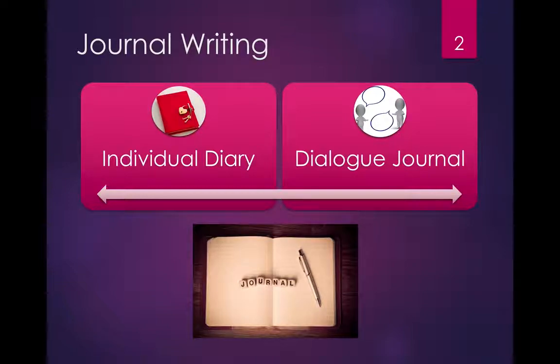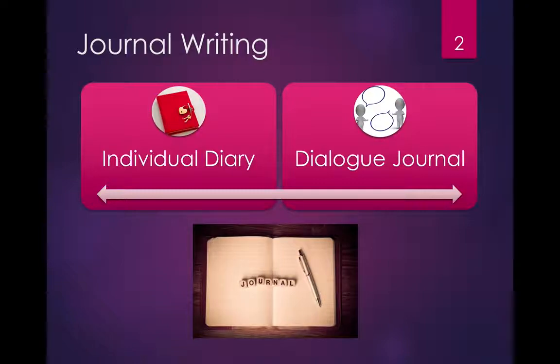Now, within the realm of journal writing activities, I see a continuum that starts with a type of journal that is really only meant for you to see, for the writer to read. And that would be sort of similar to keeping a diary. This journal ideally would not be seen by anyone else, and it's really a personal type of writing activity.